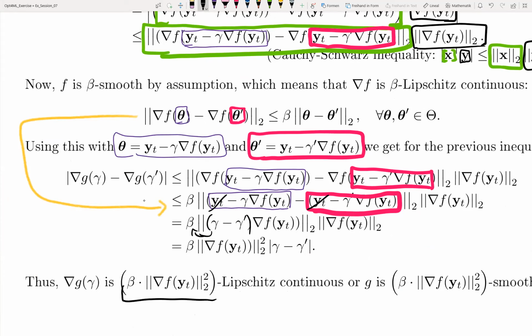And, well, this is what we wanted. All right. So far, so good.